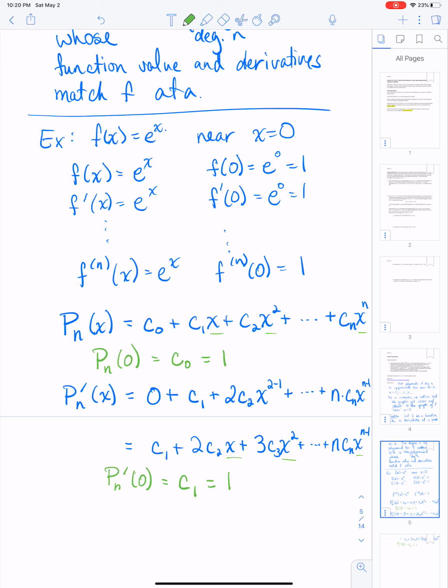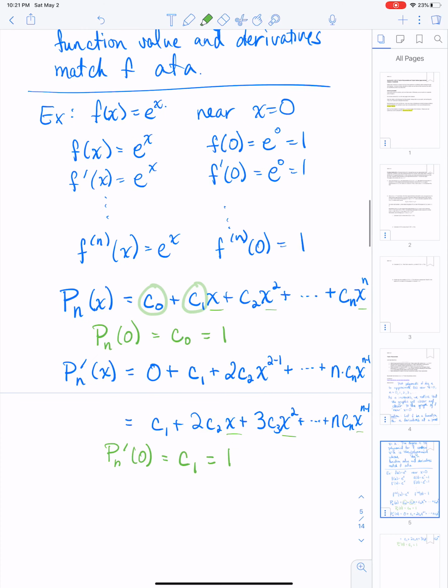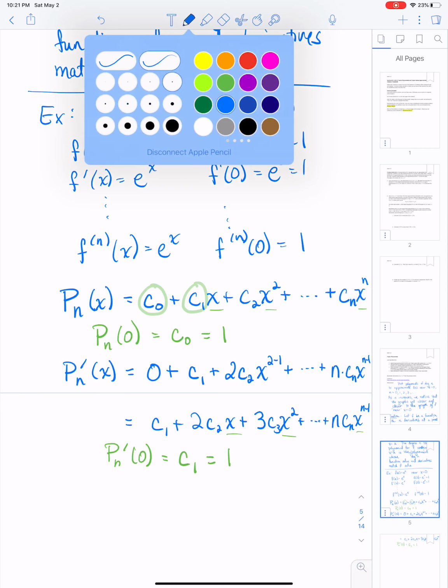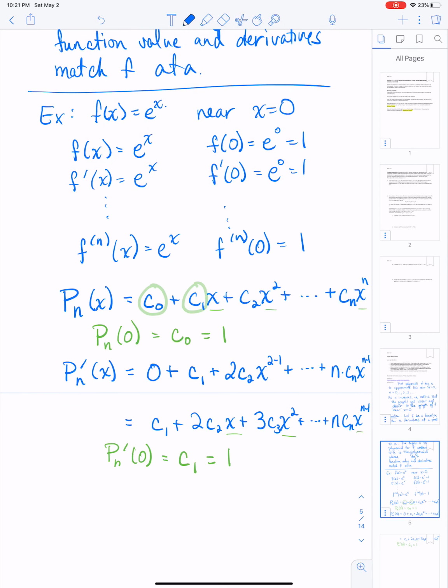And so we have found now two of the, so our goal then is to solve for all of these coefficients, C0, C1, and so on. Right, so we'll just continue and recognize that you are doing some of the same calculations that you had done before.